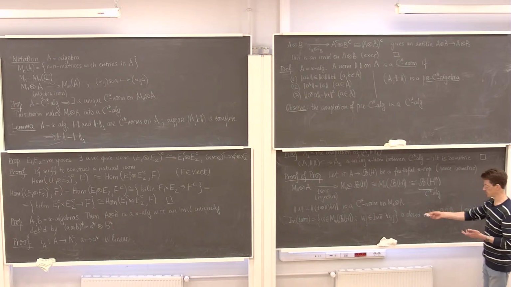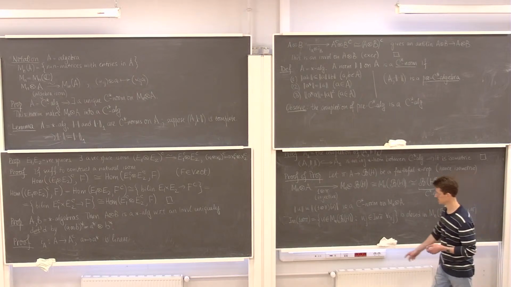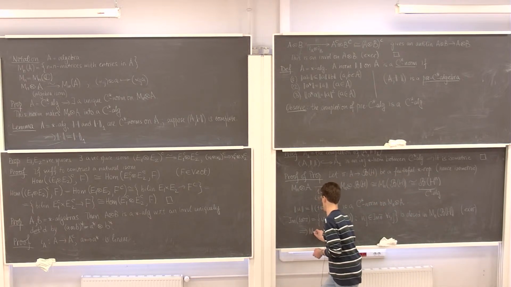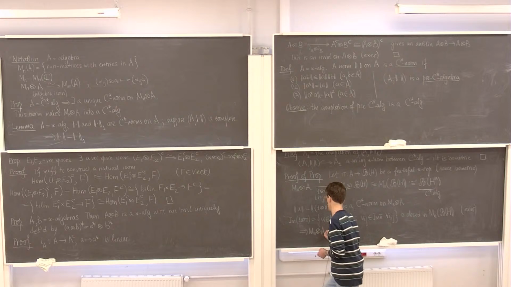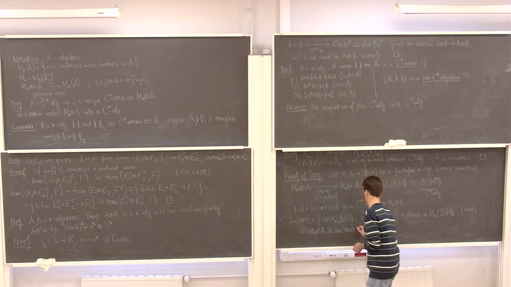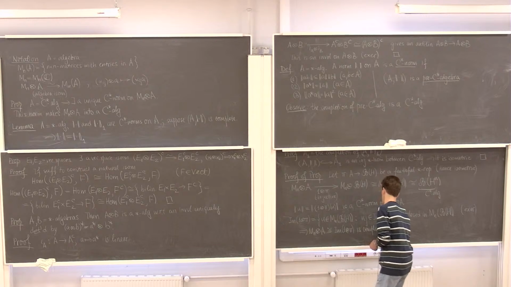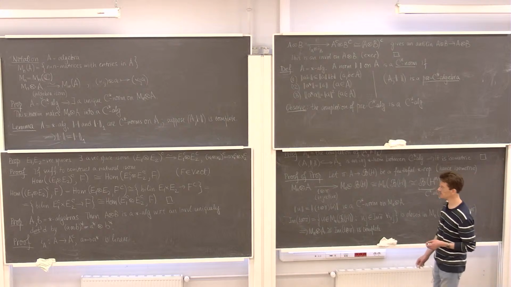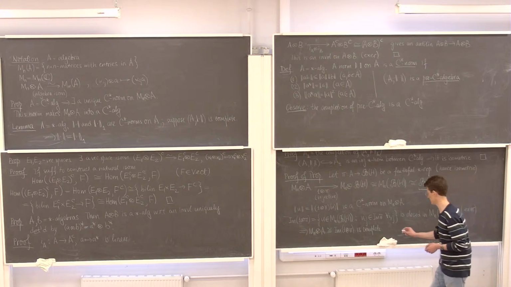And this is a C-star algebra, so we conclude that this is a closed subspace, and so Mn tensor A, which is isometric to this subspace, is complete. So it is a C-star algebra. And now the uniqueness of such a C-star norm follows from the lemma.